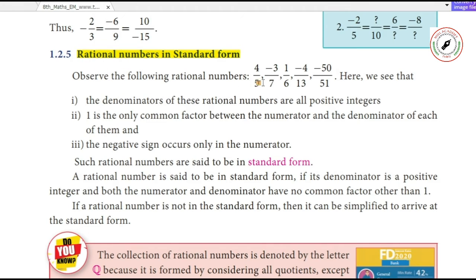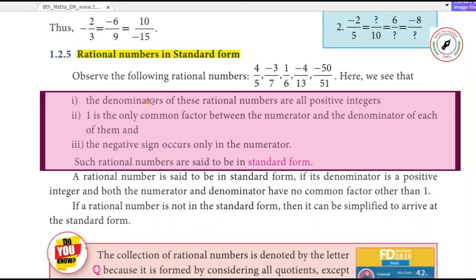Observe the following numbers: 4 by 5, minus 3 by 7, 1 by 6, minus 4 by 13, minus 50 by 51. Here you see, first point, the denominators of these rational numbers are all positive integers, correct?